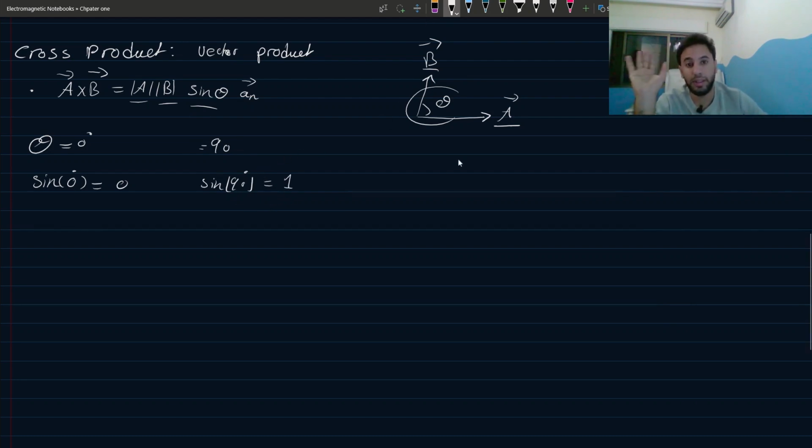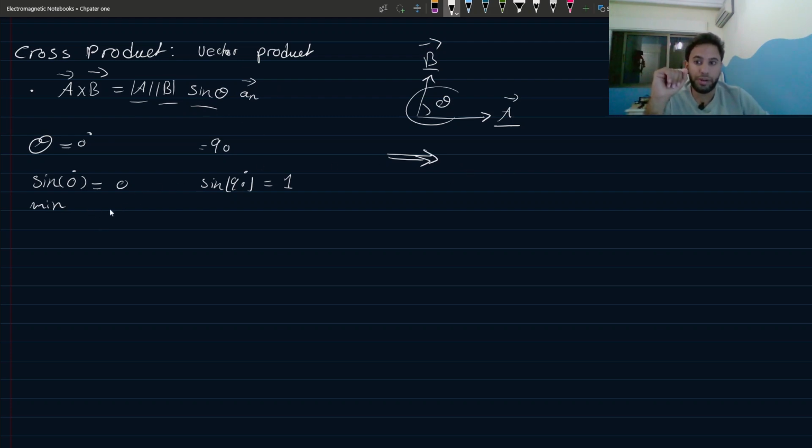Big difference. Thus, when the vectors are parallel on top of each other, the value that we will get is the minimum value, unlike the dot product. And the answer of the cross product will be 0.